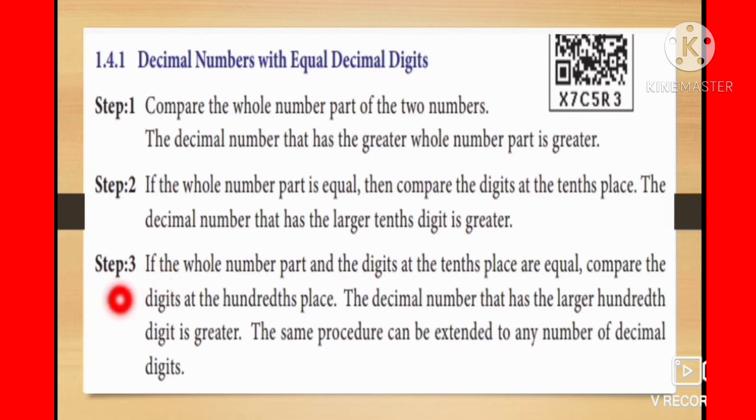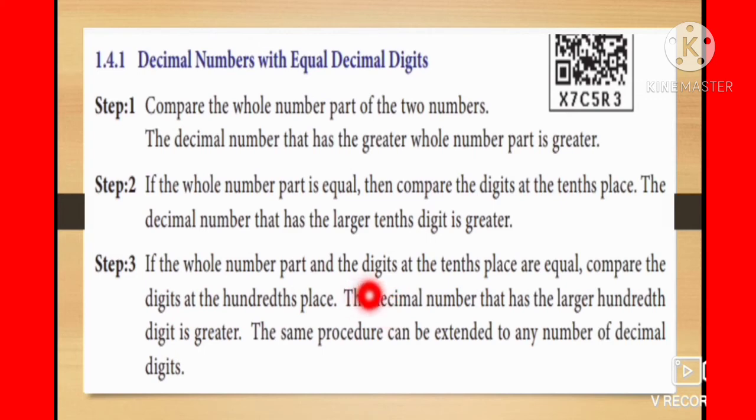And step 3, listen carefully. If the whole number part and the digits at the 10th place are equal, then we have to compare the digits at the 100th place.